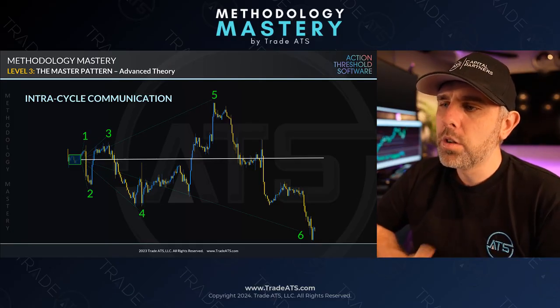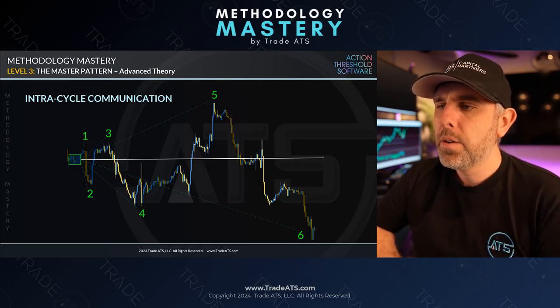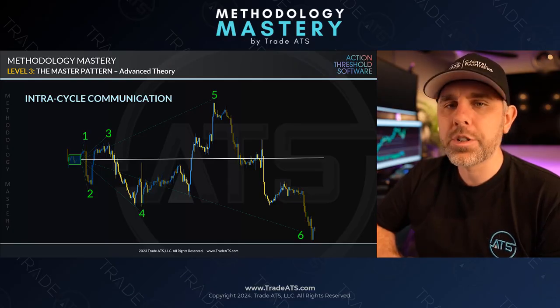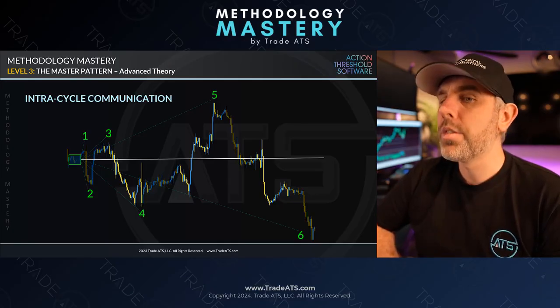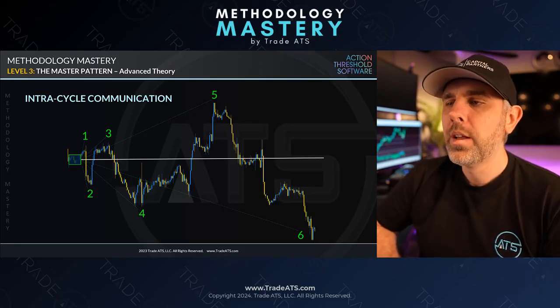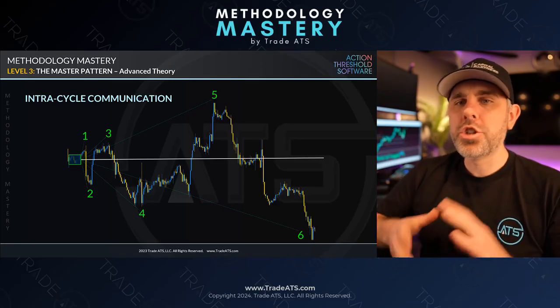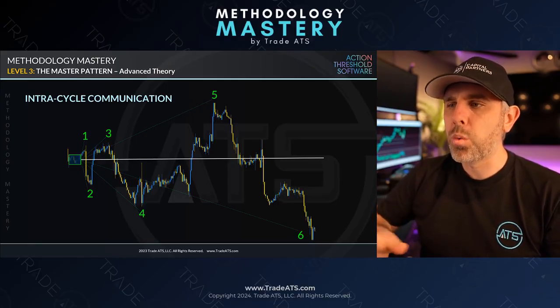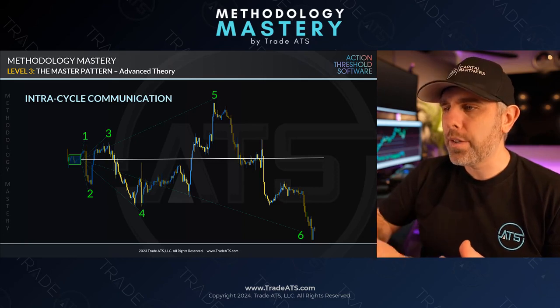So if we're looking at this, we know after 1 and 2 that we're in potentially a multi-leg expansion. So we know that funneling out action is happening. How many legs? We're not sure. But we know that this is the general characteristics of the market that we're in. It's defined after 1 and 2, especially as we get 3, as we get 4.